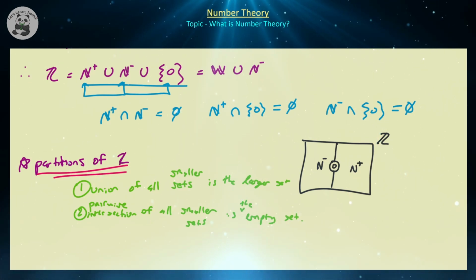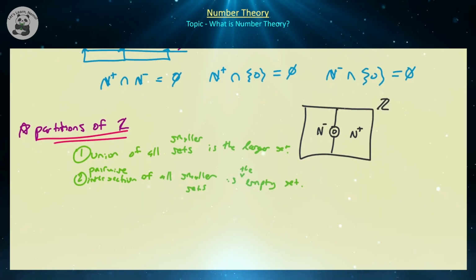Some people also call those smaller sets pairwise disjoint. Right? So we have the positive natural numbers, the negative natural numbers, and 0 partitioning the set Z, or we have the set of whole numbers and the set of negative natural numbers partition Z as well.